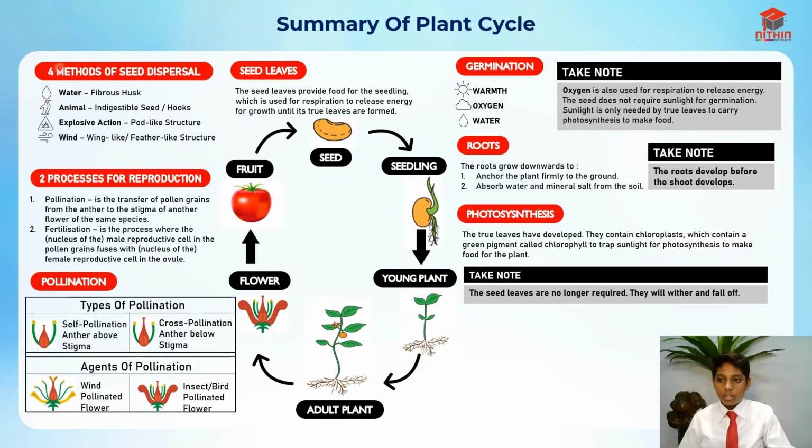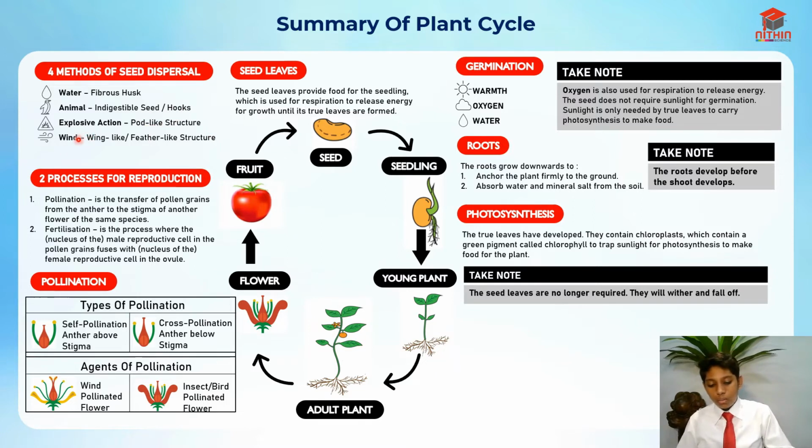One is by water, and these are the properties. The fruit should have a fibrous husk. Next, by animal, the fruit should have indigestible seeds or hooks. Next is by explosive action, so the fruit should have a pod-like structure.